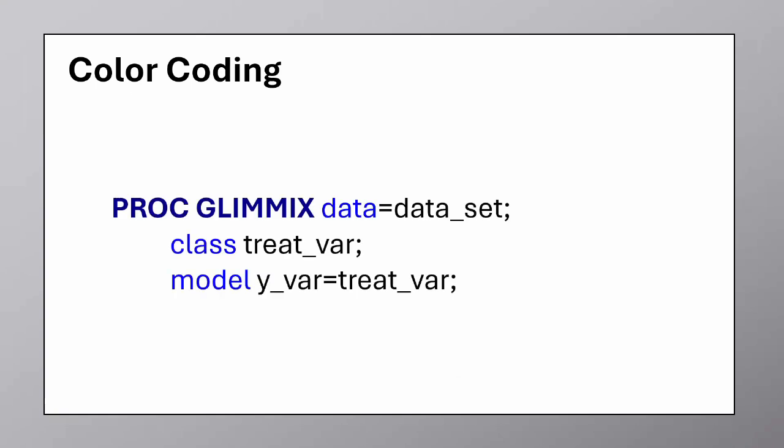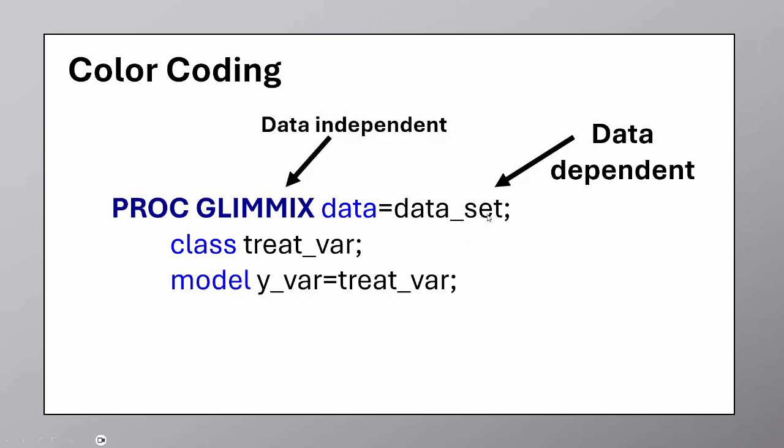All right, so some color coding. I'm trying to follow what it does in SAS Studio. Anytime it's black or colors like that, it can be data dependent. It'll be what you need to put. A lot of times I'll just have dummy variables like data set, but you'd actually put whatever your real data set name is, or your real treatment variables or whatever variables you're actually named. Whereas things that are blue, whether dark or light blue, are going to be data independent.